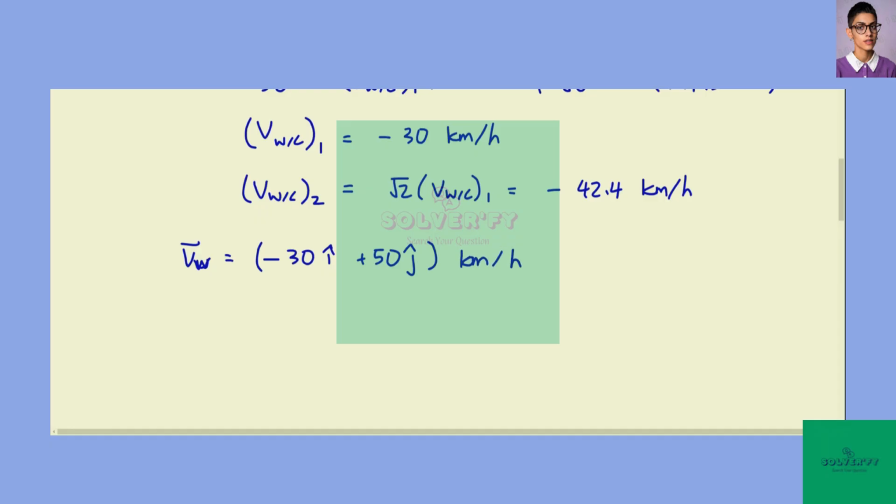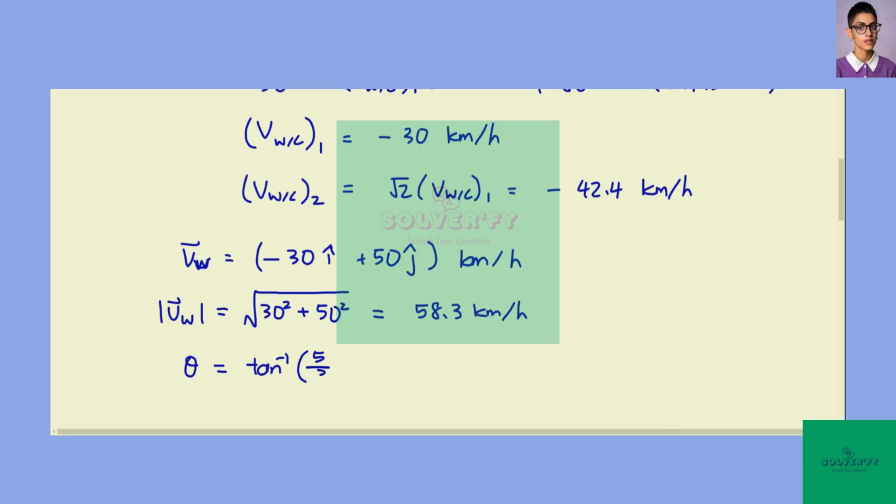So the magnitude of the wind speed will be 30 squared plus 50 squared, and then take the square root of the sum, and you get 58.3 kilometers per hour. And then the direction is tangent inverse of 50 over 30.